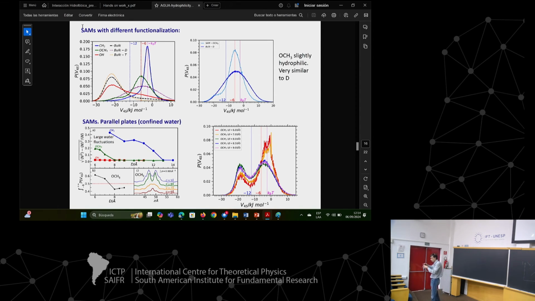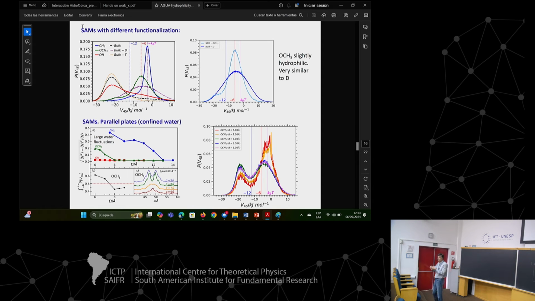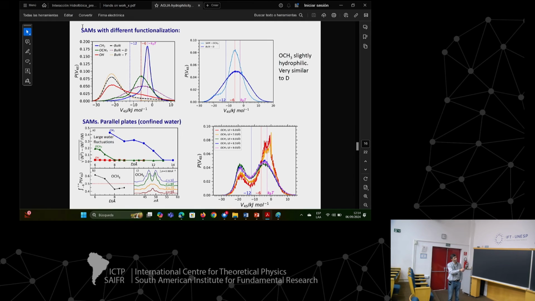Again, if the radius of your carbon nanotube shrinks, it would also be dissolved. And what you see is that here fluctuations begin to grow quickly. So this behavior is quite hydrophobic. This water is easy to remove.